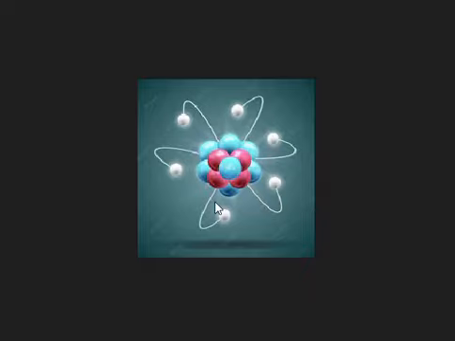So this is our atom. When we cut the apple to its smallest part, what we get is an atom. An atom is a combination of the three elements which I have told you.